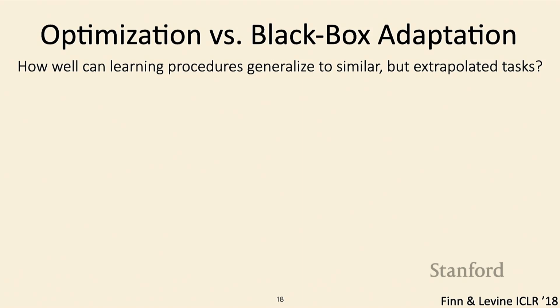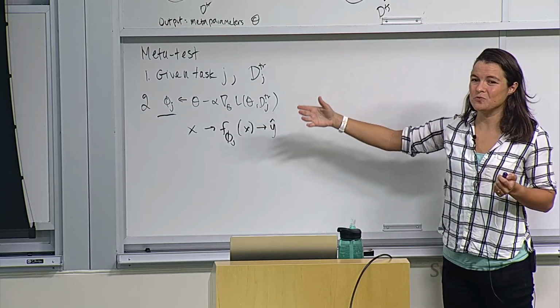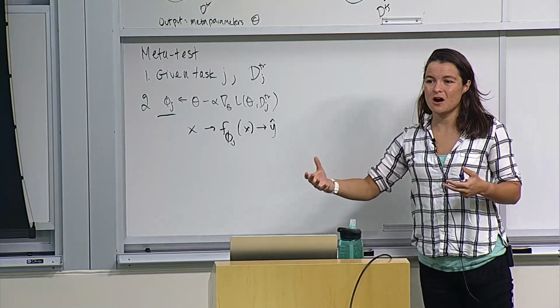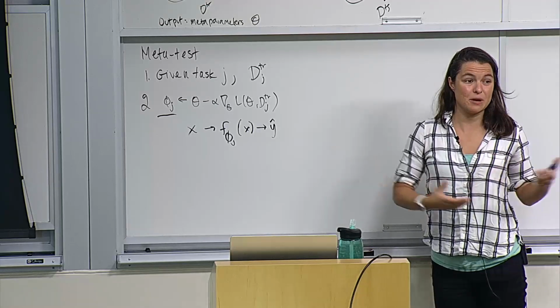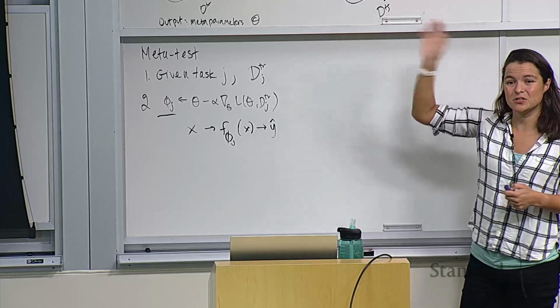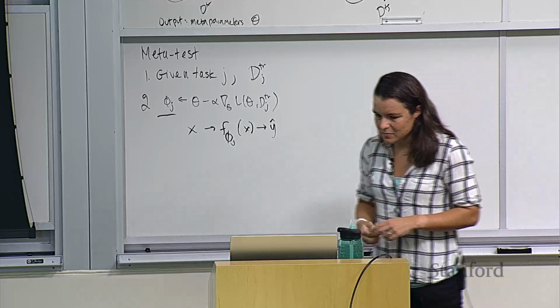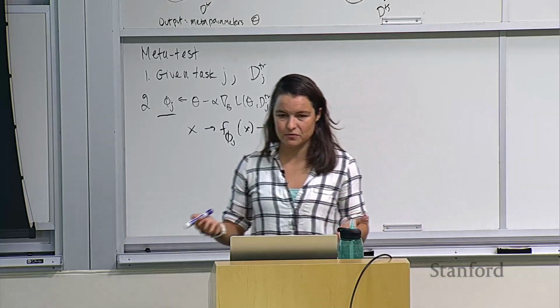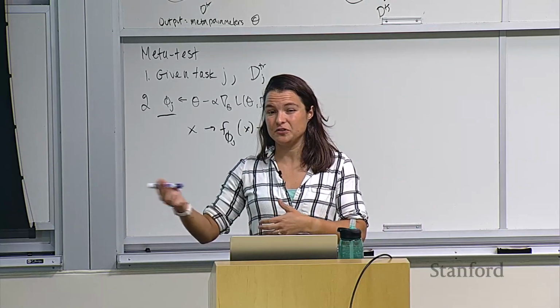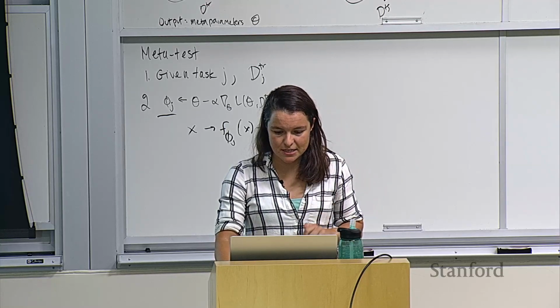So even if you don't have a very good set of meta parameters, fine tuning should still give you something that improves on the parameter vector that you have. Whereas if you just throw something into a recurrent neural network, you can't really expect it to necessarily give you something reasonable if the data set is out of distribution from the task that it saw before. And so we can explicitly test this.